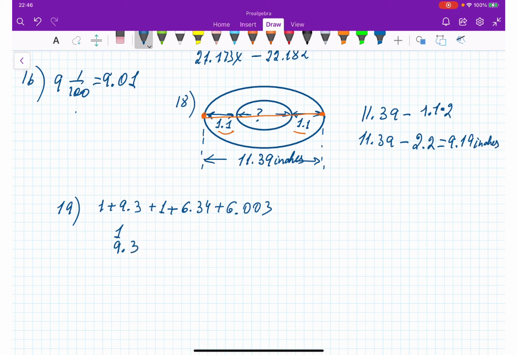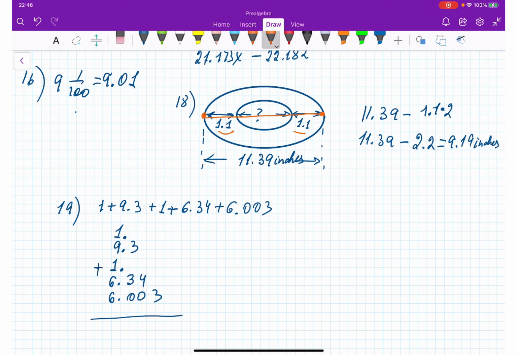Why did I put this here? Because when we say 1, that means the decimal point is here, right? And then plus another one, right here, I put the decimal here. And then 6.34. And then 6.003. So, all of them I need to add.